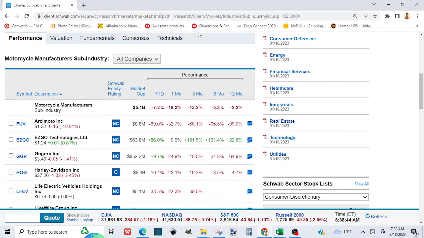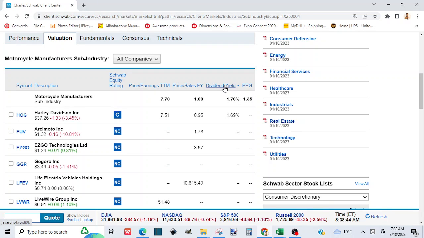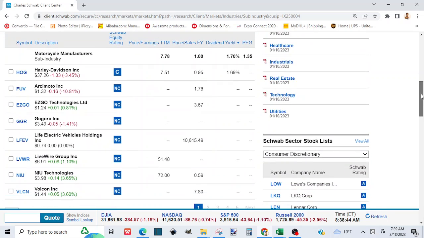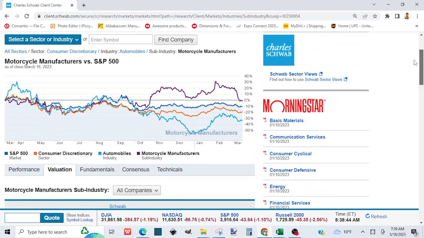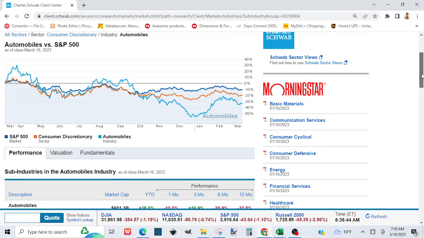And we are going to apply the valuation again to find the dividend yield. I'm going to click on it, and I'm not seeing 3% and up here. Therefore, I don't even have to spend a lot of time going through anything here. I'm out of it.